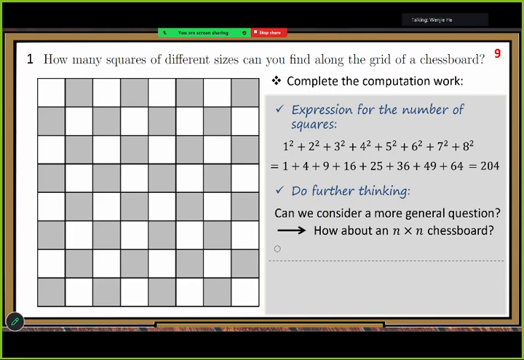Based on our understanding, we should do the summation on these consecutive squares. There is a formula, a summation formula, from your discrete math.